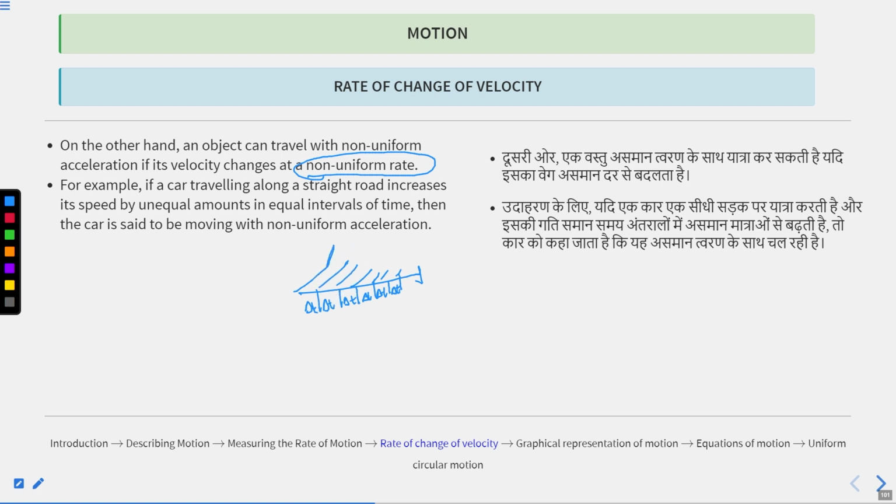If velocity is increasing or decreasing unequally in equal intervals of time, then that type of acceleration is known as non-uniform acceleration.